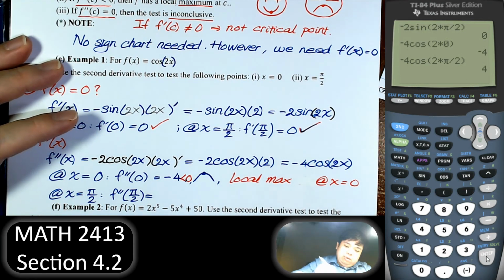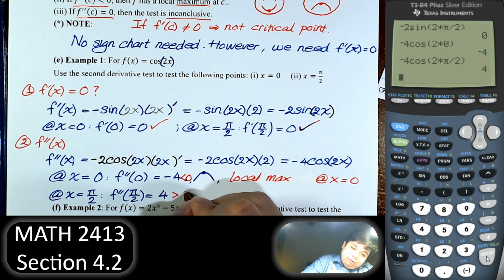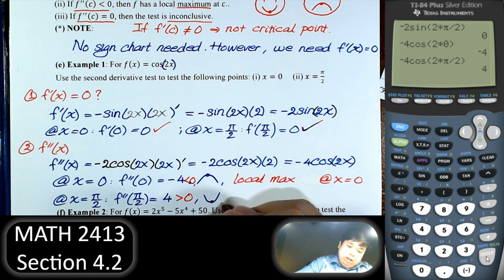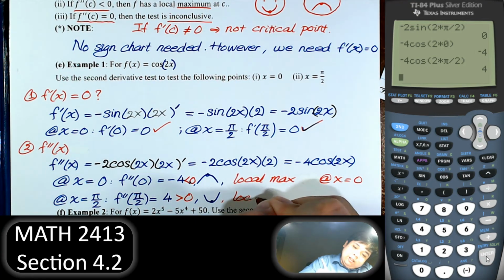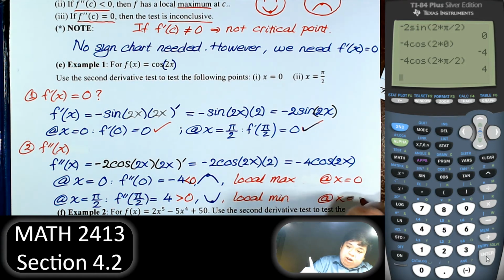It is positive. Now if it's positive, it will open up, or concave up, and there will be a local min at x equals pi over 2.